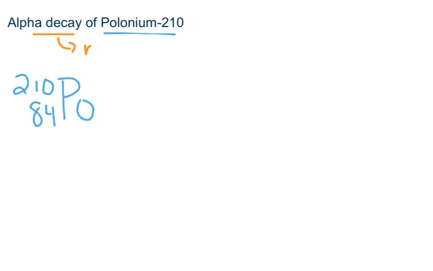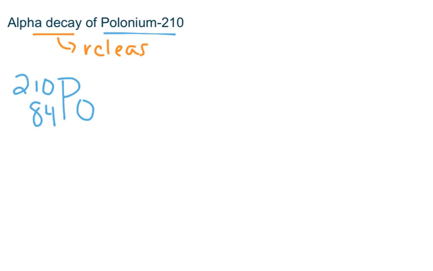Next type is alpha decay of polonium-210. First thing we need to do is write the standard nuclear notation of polonium-210. The symbol for polonium is Po. Its mass number is 210. Its atomic number is 84. Well, alpha decay gets released as well.